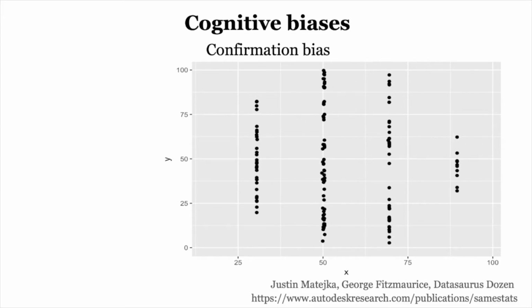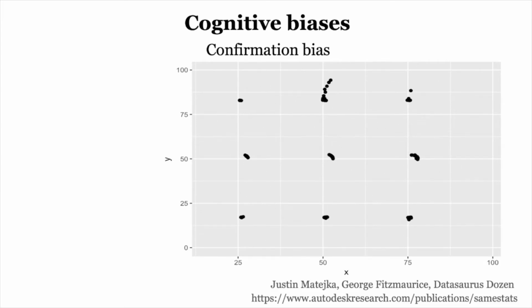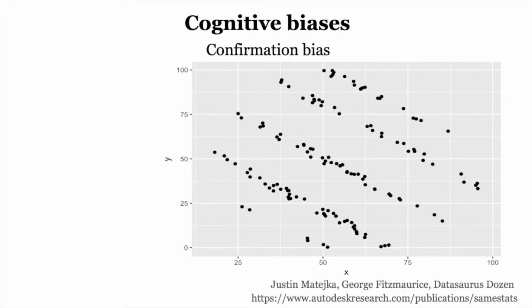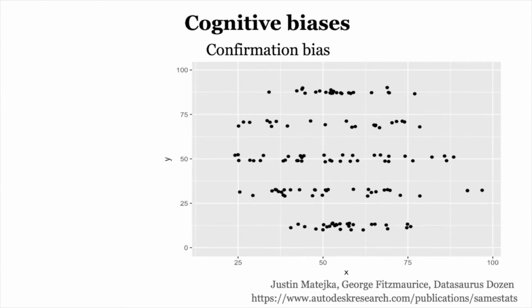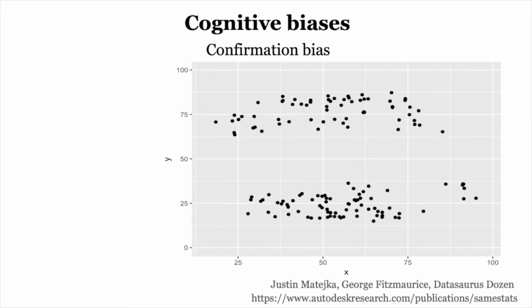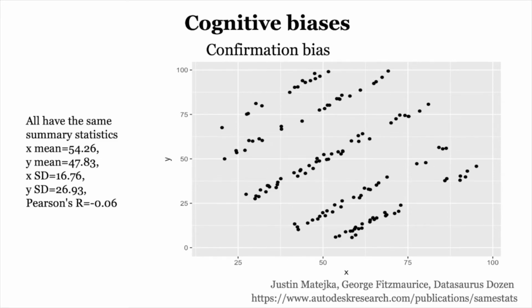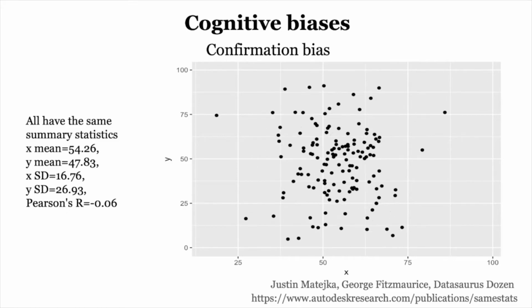Another, this is from the people at Autodesk. I have a friend who works there, so I'm just showing it to show some of his work. So this is the confirmation bias example. We may look at this data set and assume that there's some kind of relationship based on what we see here. Or we may look at the data and say, look at the standard deviation and the Pearson R squared, right? There's a negative 0.06 relationship.